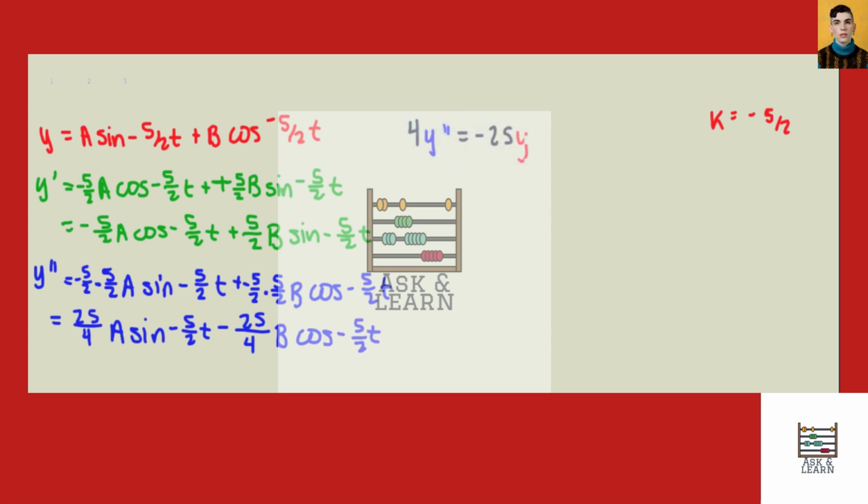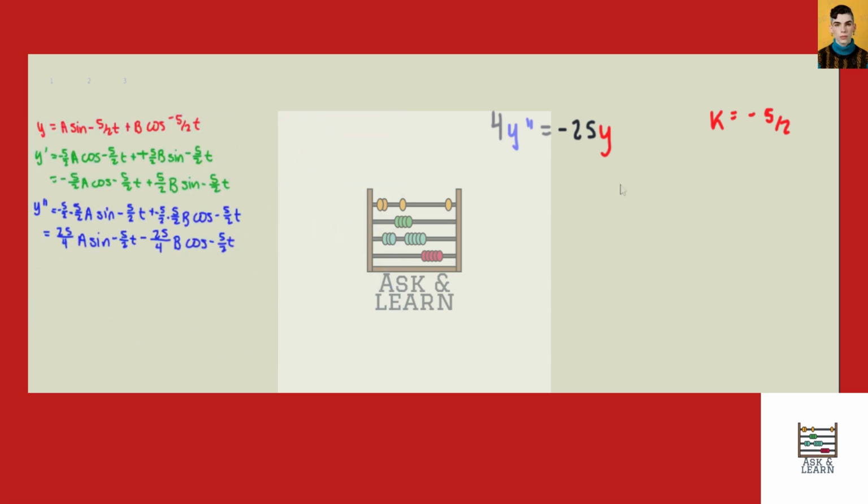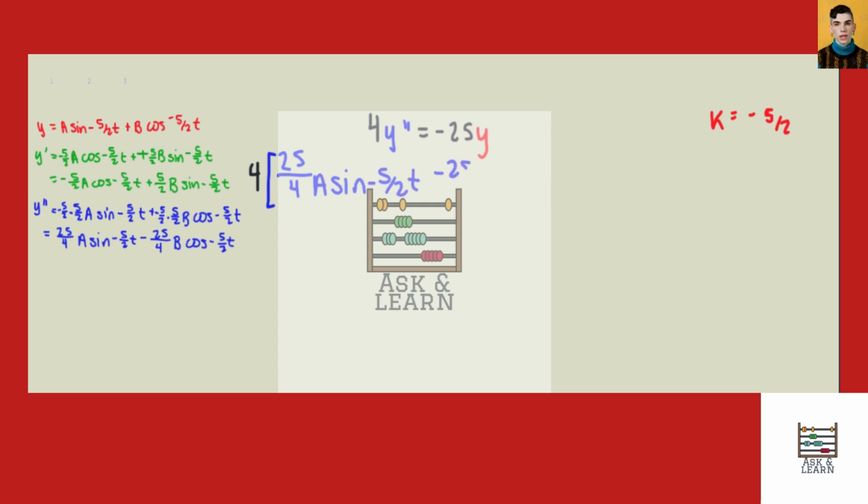So again, these are the equations we're going to use to plug into our differential equation that was given. So we have 4 times our y double prime equation. And for our right-hand side, we'll have negative 25 times our original y equation.